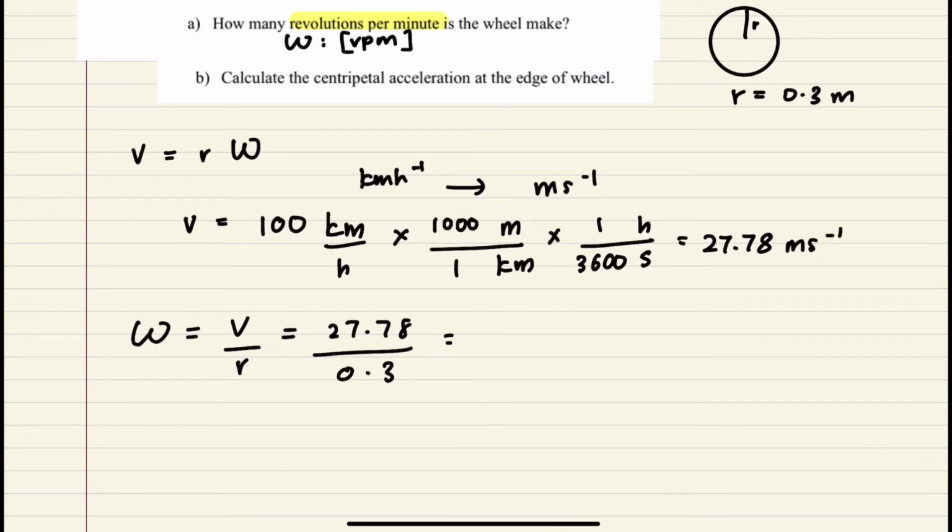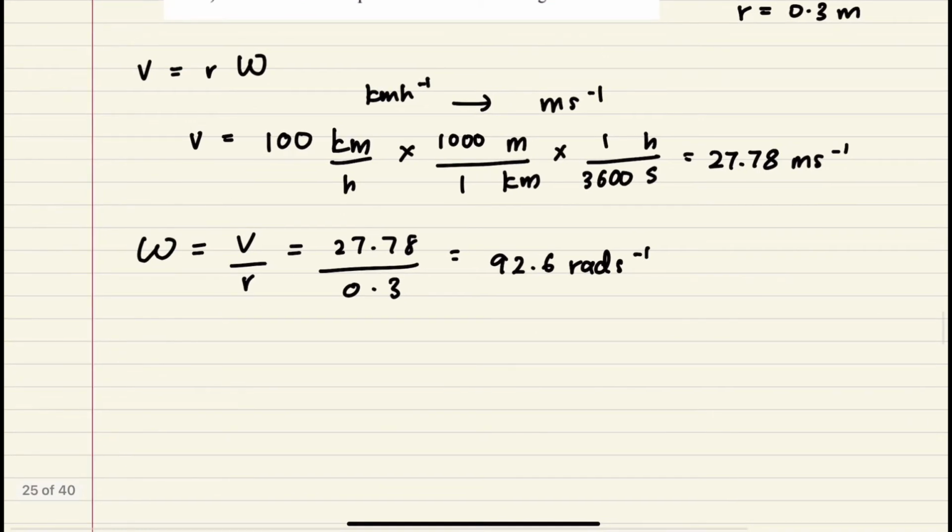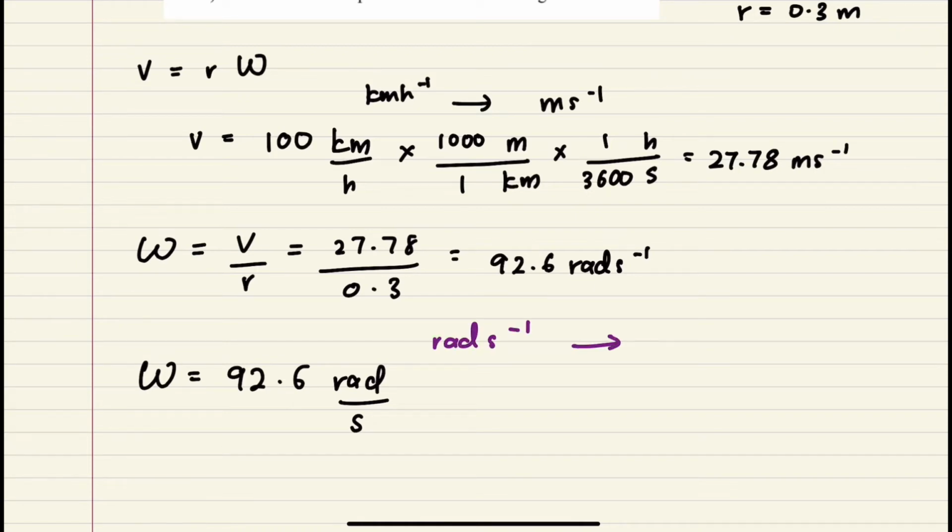Here I got 92.6 radian per second. Now I have to convert to RPM. So omega here is equal to 92.6 radian per second, and I want to convert radian per second to RPM.